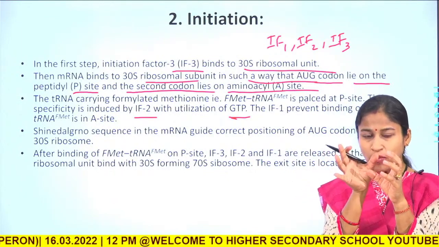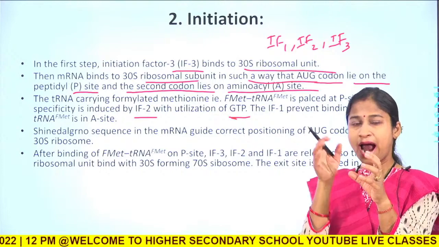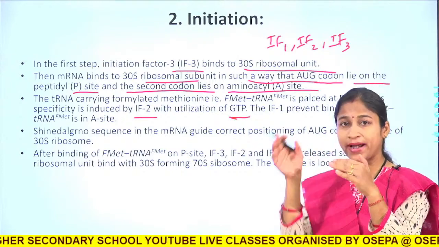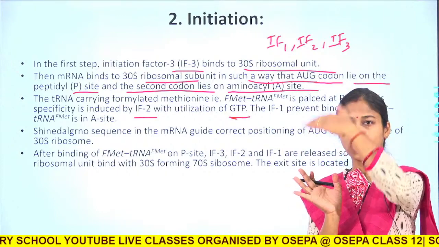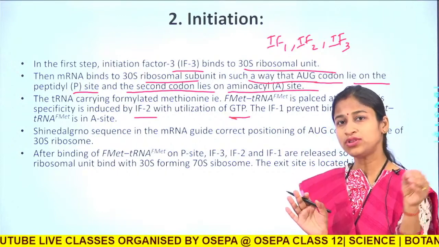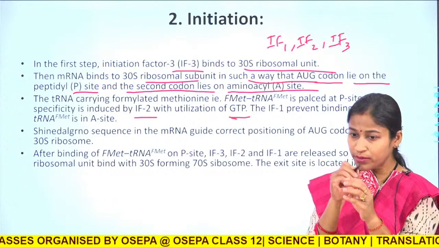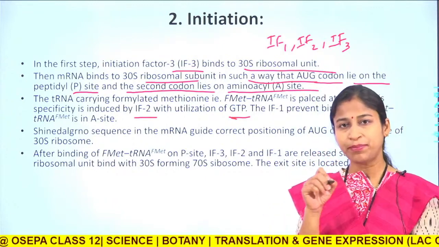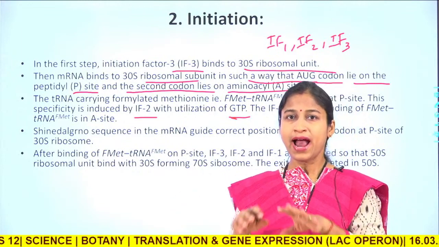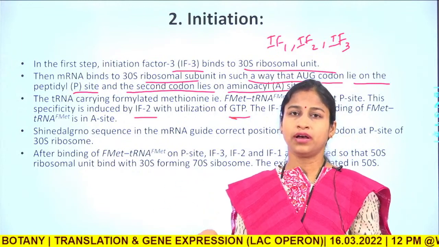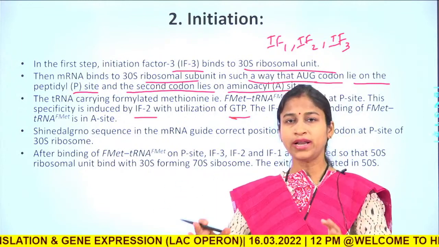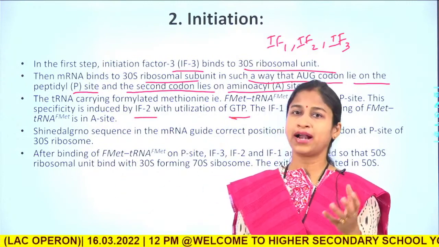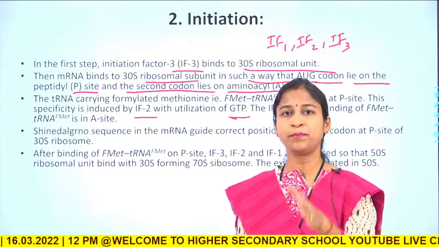So a GTP molecule is carried there, and when the smaller ribosomal subunit binds to the larger ribosomal subunit, with the hydrolysis of the GTP molecule, GDP and Pi are formed, and this will release all the initiation factors. Only the mRNA template, both the ribosomal subunits and the charged tRNA on the P site will remain.